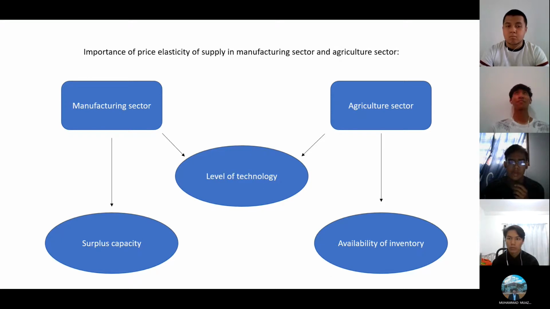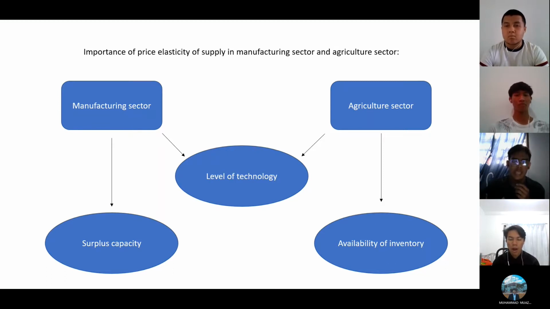For example, we assume that the quantity supplied is more than the quantity demanded. The term is, we call it surplus. Suddenly, demand is increased. So we can use the labor and raw material which are available to produce the product. So it can make the cost of production decrease and it can also avoid wasting the raw material.